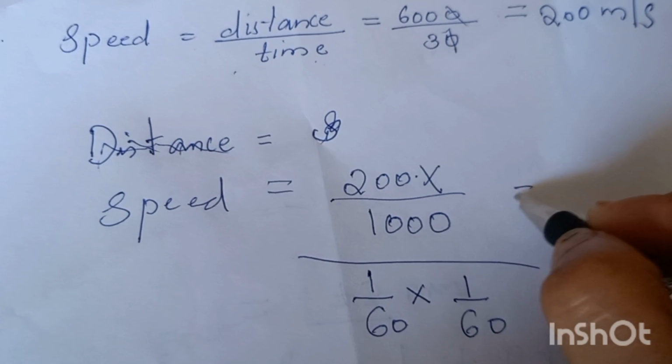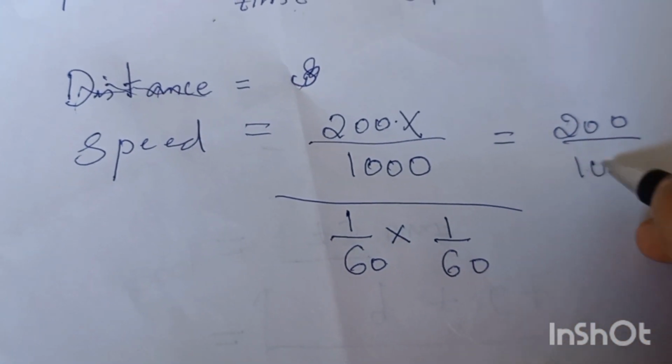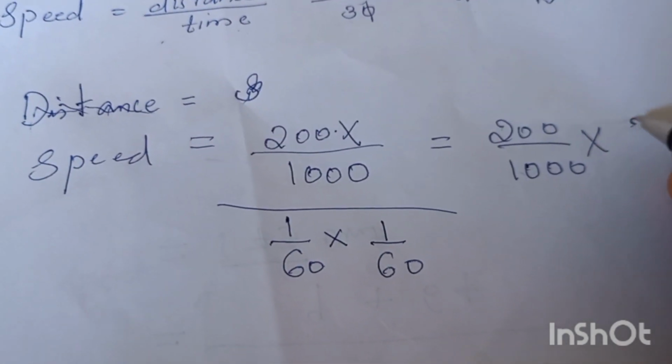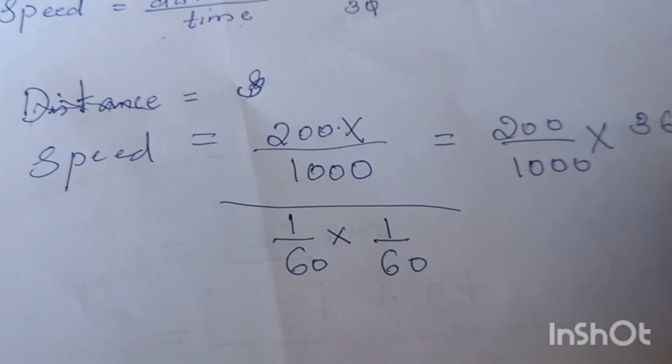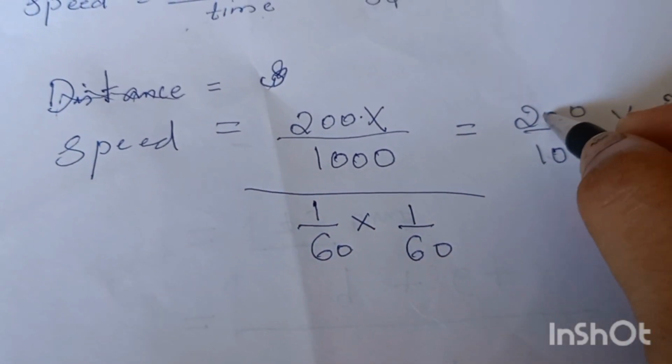So which is equal to 200 divided by 1000 into 3600. So 2 zeros will cut off, right?